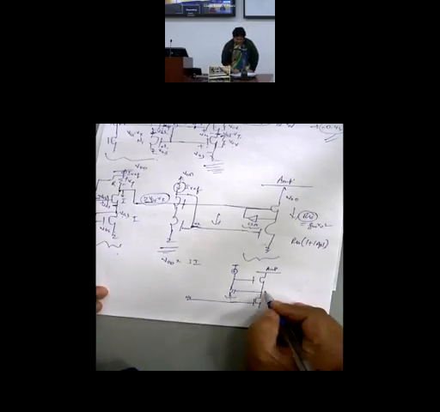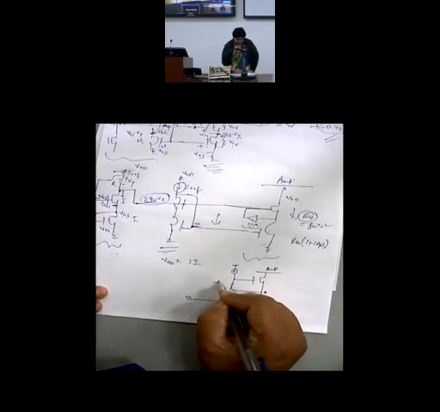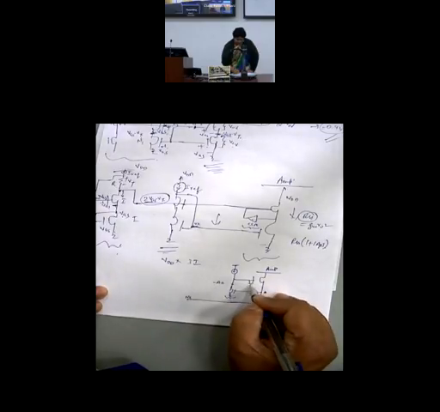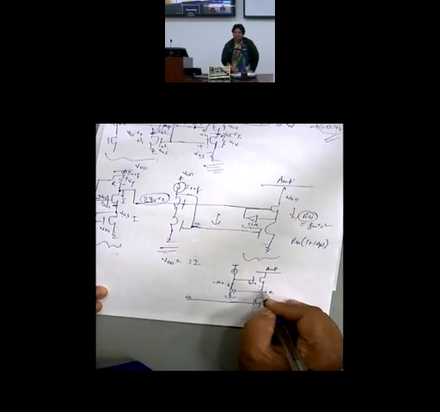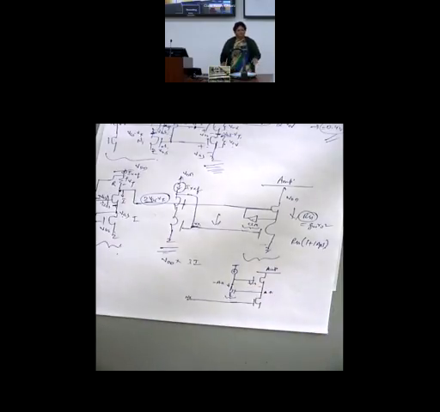So if any change delta happens here, this goes to minus A times delta. This gate voltage comes down. So delta increases, this decreases, VGS decreases. Initial increment in current is reduced. So current remains more or less stabilized.